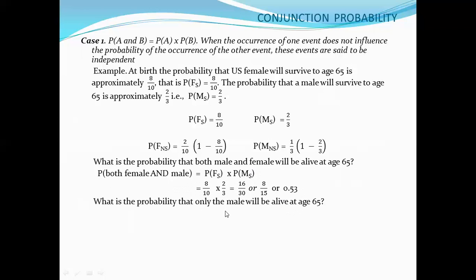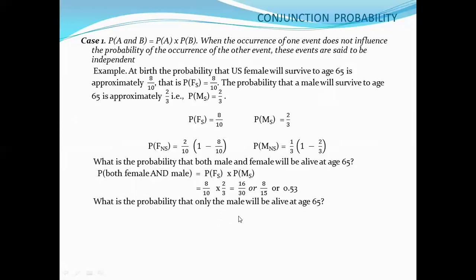Next. So what is the probability that only the male will be alive at age 65? Take note, the question here is only the male. So iba naman pag ang hinihingi is probability that male will survive lang. Pag tinanong tayo, what's the probability that male will survive? Of course, the answer will be 2/3. Pero pag ang tanong would be, what is the probability that only the male will be alive or will survive?